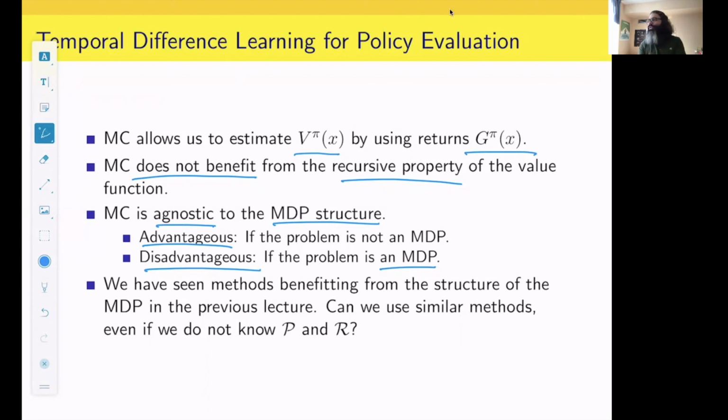Okay, so there's a question. The question is, if the problem is not an MDP, why do you call it RL? The reason is that the problem is still RL.